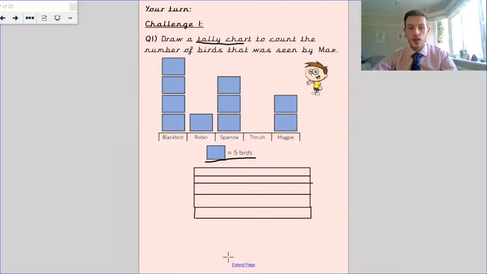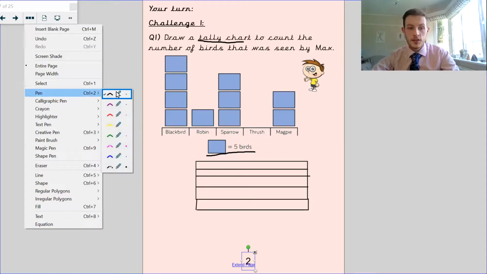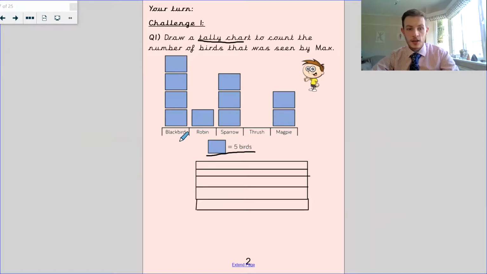So there's your 5 lines, and then in each one you're going to need to write in blackbird, and then you'd have another line going down here, splitting it up. You'd then need to write robin in here. You'd need sparrow in here. Now I'm writing it really small because I've only got a small section, but you'd be doing it much better, using your ruler like I did with my straight lines.